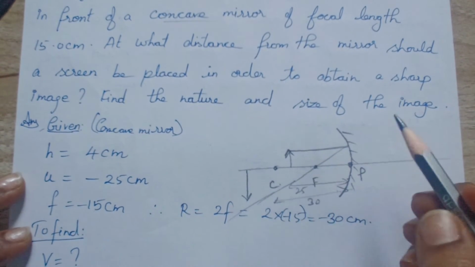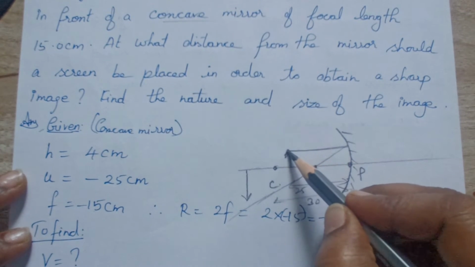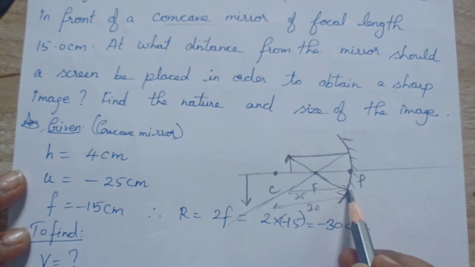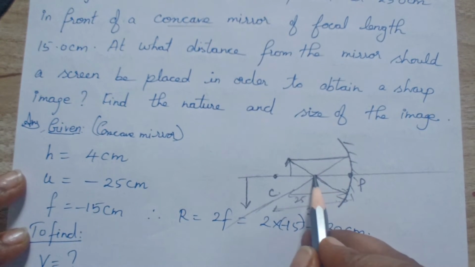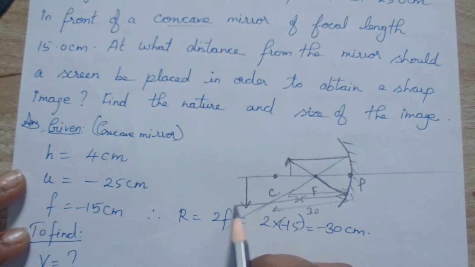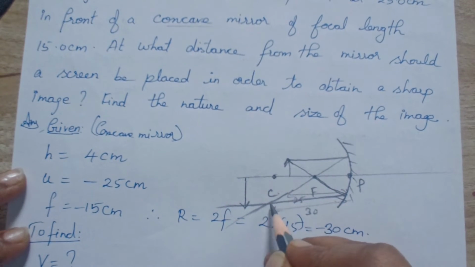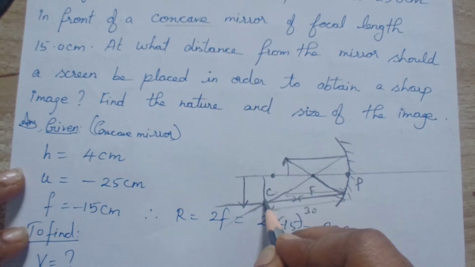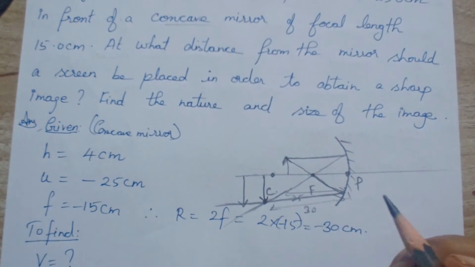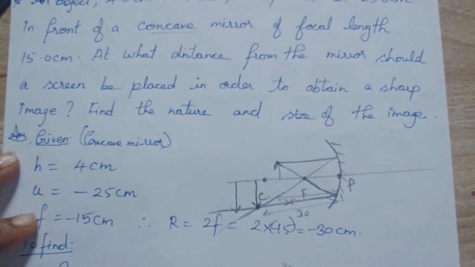One more ray we can pass through the principal focus, and it will be reflected back parallel to the principal axis. The meeting point of these is here, so you will get the enlarged, real and inverted image here. Clear on this?